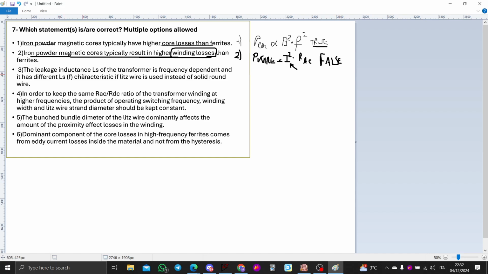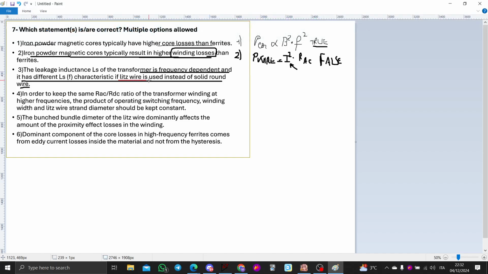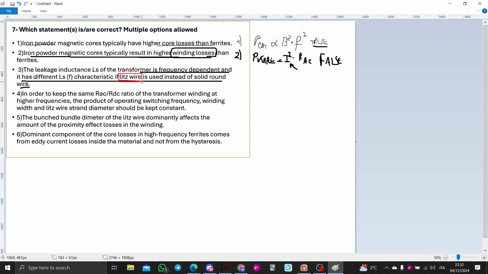The leakage inductance, LS, of the transformer is frequency dependent, and it has a different LS characteristic if Litz wire is used instead of solid round wire. First we have to understand what Litz wire is. It is basically an integrated wire made of many strands.